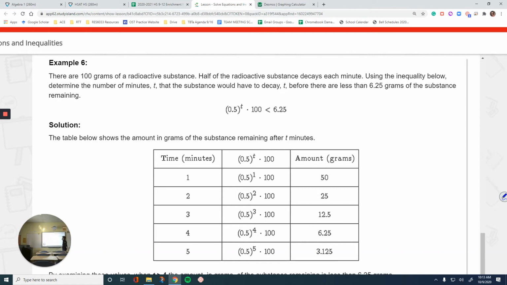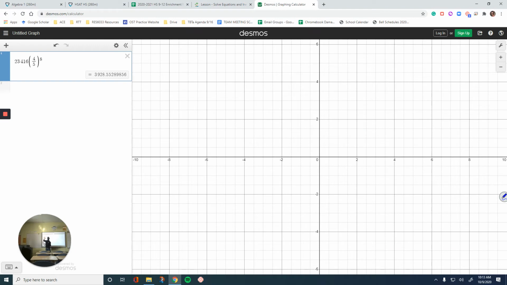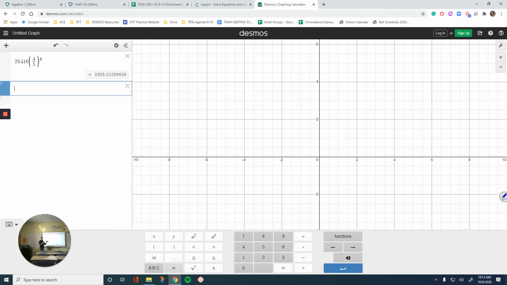There are 100 grams of radioactive substance. Half of the radioactive substance decays each minute. So what's the meaning of half? Half is 1 over 2, right? If you type this on Desmos, let me show you. If you don't know what its decimal value is, because we need the decimals, you can even use the fractions.